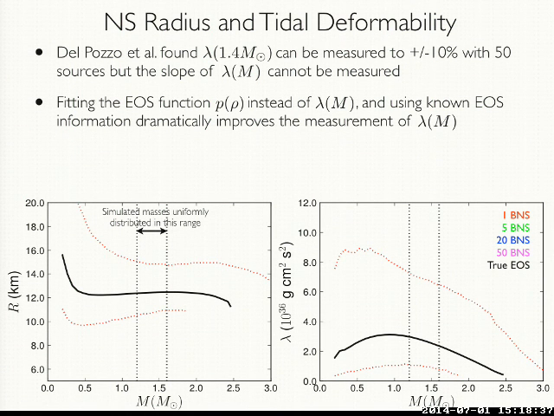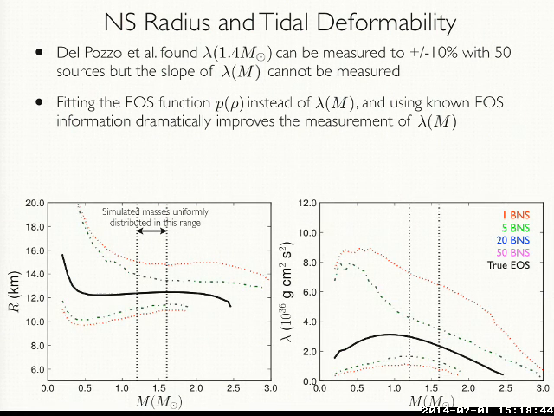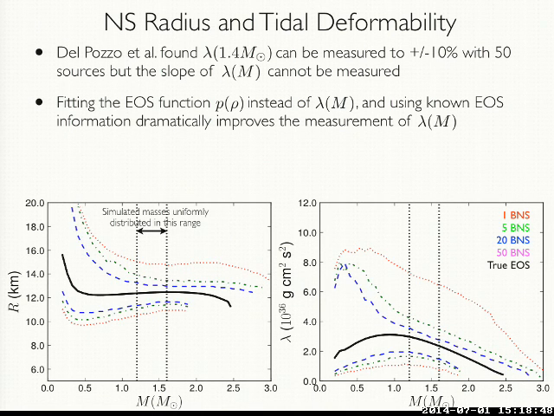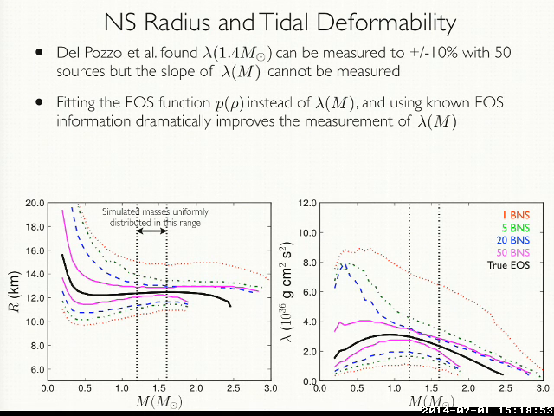The tidal parameter error is quite large for a single event that's just randomly drawn from your sample. If you have 5 events, they get smaller; 20 events, even smaller. And with 50 events, which depending on event rate could be a little over a year, maybe 2 years, or even higher or much lower, who knows, then you can measure the radius to about half a kilometer at a given mass.